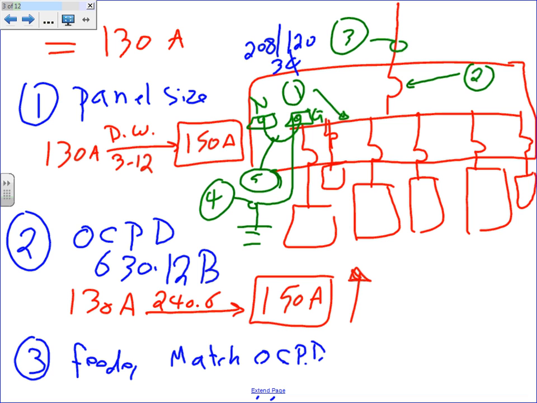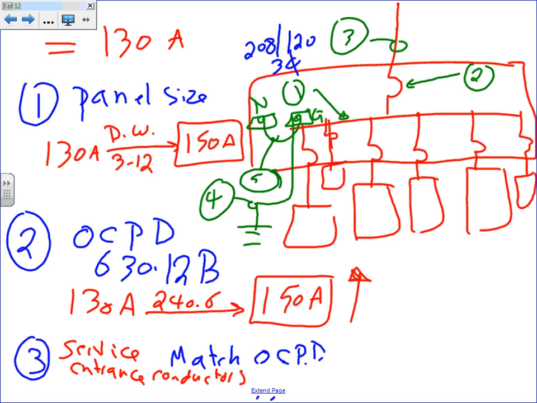Okay, the last thing is the feeder. In this case, could you please erase this one? Instead of a feeder, I'm going to call them service entrance conductors. I'm going to size the service entrance conductors.